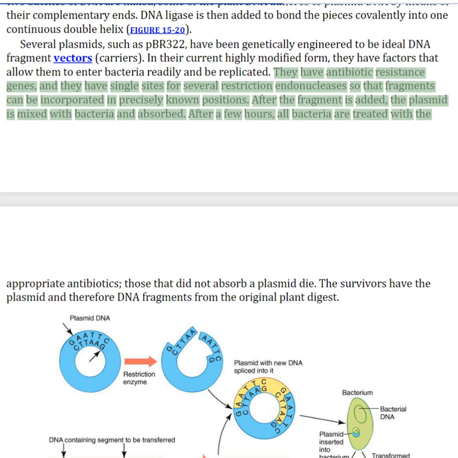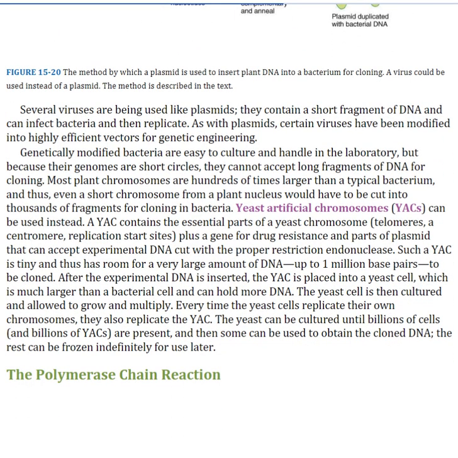After the fragment is added, the plasmid is mixed with bacteria and absorbed. After a few hours, all bacteria are treated with the appropriate antibiotics. Those that did not absorb a plasmid die. The survivors have the plasmid and therefore DNA fragments from the original plant digest.